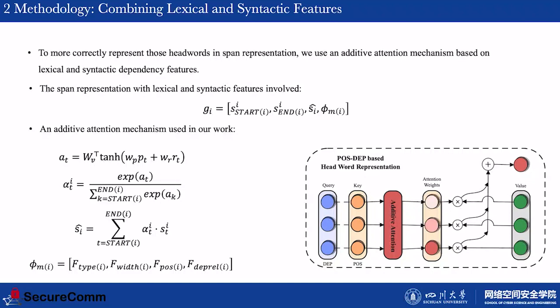Therefore, to more accurately represent those head words in a span representation, we used an additive attention mechanism based on lexical and syntactic dependency features instead of the original attention mechanism, which is only based on the words themselves.